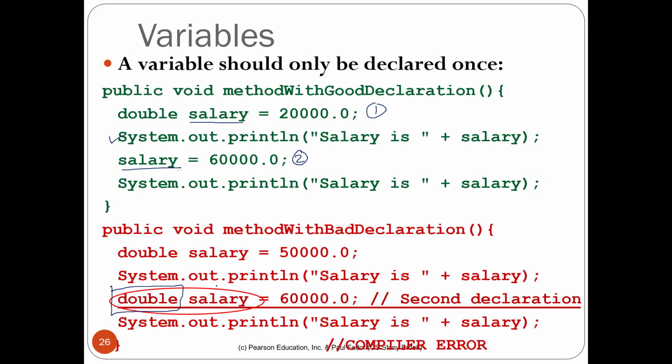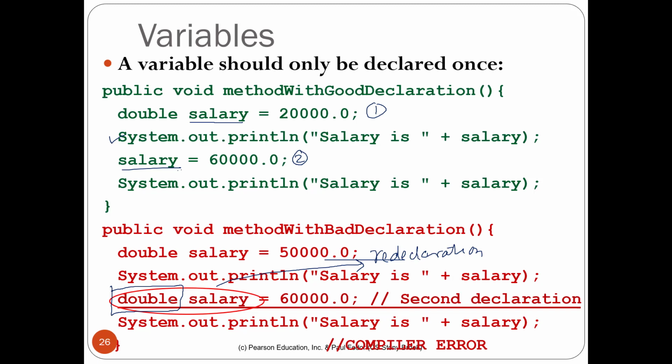So the problem is with the redeclaration. You don't need to do that. You declared that once and that was good. You should not declare that again. That's a compiler error.